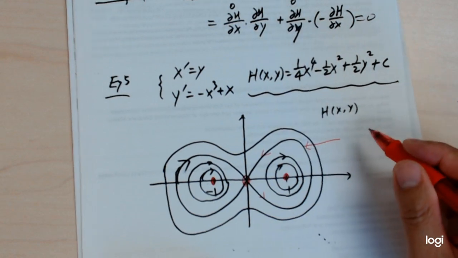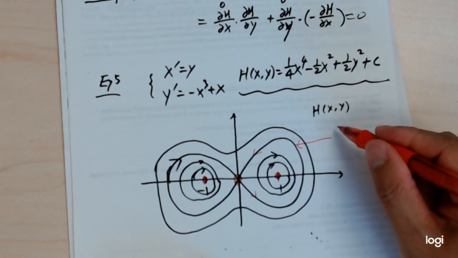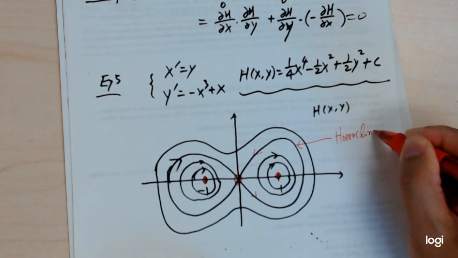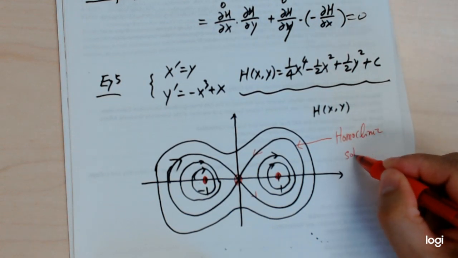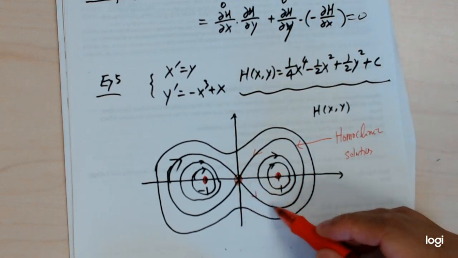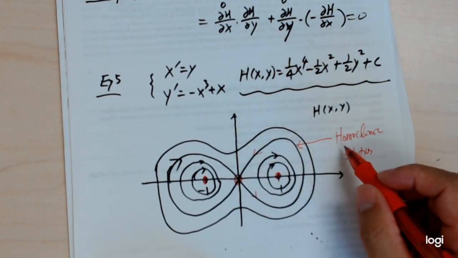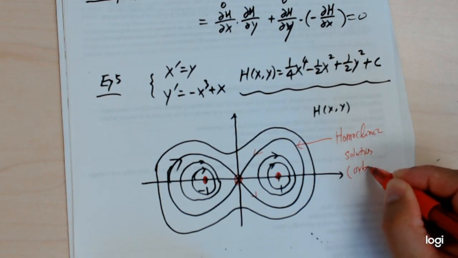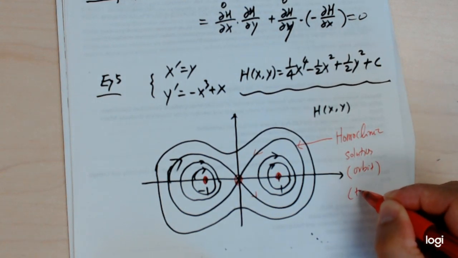For a solution curve like this, for an orbit like this, we call this a homoclinic solution. Every time it connects an equilibrium with itself, or comes back to itself, we call this a homoclinic solution, or orbit, or trajectory.